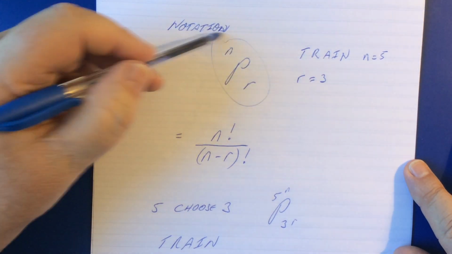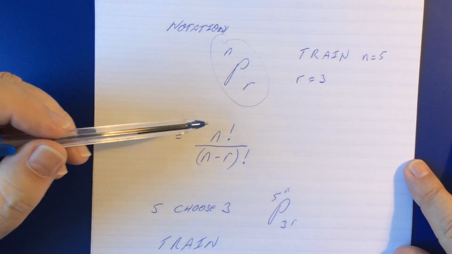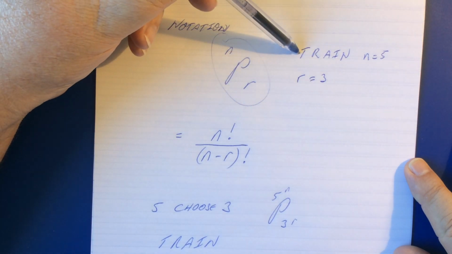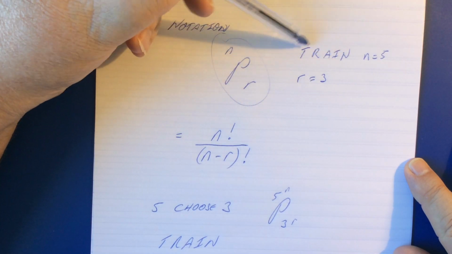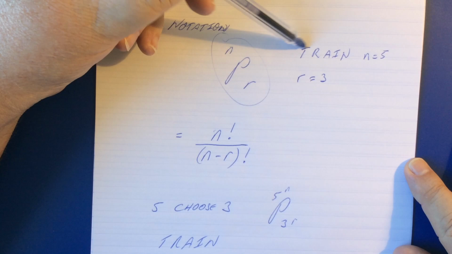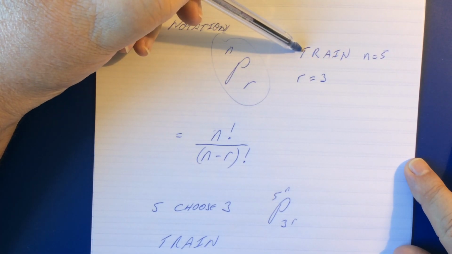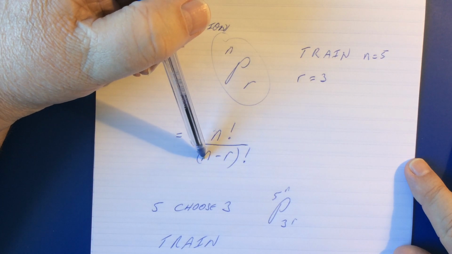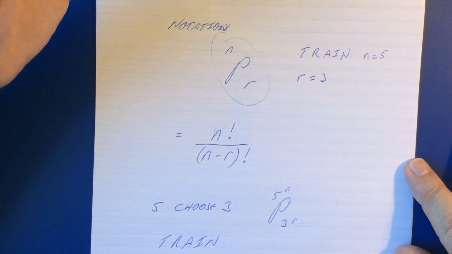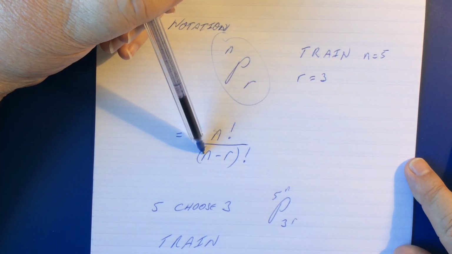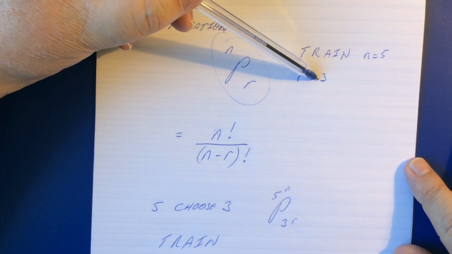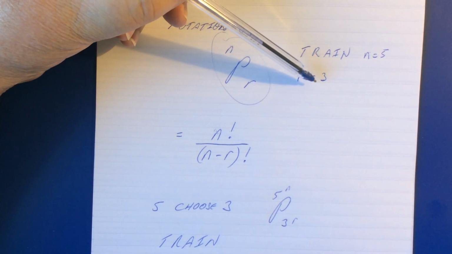Okay, so here's the notation, but what does it mean? Well, it means the following. So it is your range of choices, the range from which you may choose, n, over n factorial, so in this case it's 5 times 4 times 3 times 2 times 1, as you'll see in a minute. And that is divided by n, again this total, minus the size of the choice that you must actually make, factorial.